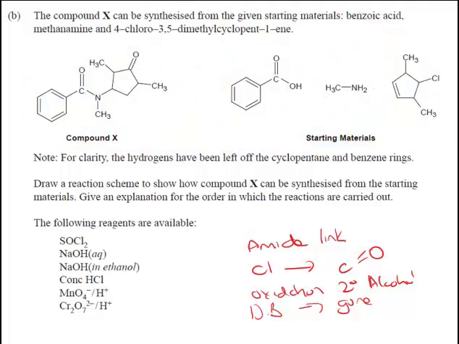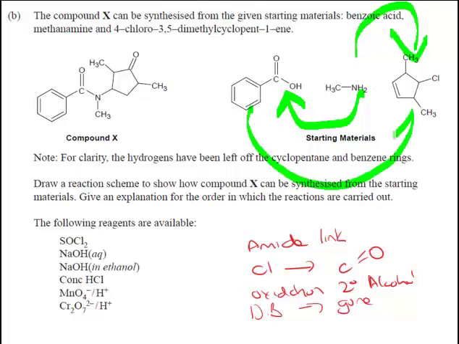So we've identified some of the differences between X and what we need to change. The first thing obviously we might think is that if we need to get this reacted with this, but equally that could be reacted with this, or third, finally, those two could be reacted together.